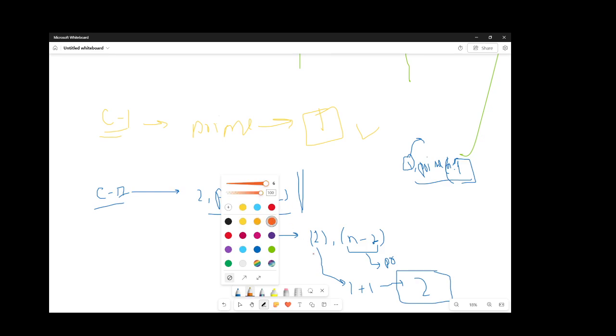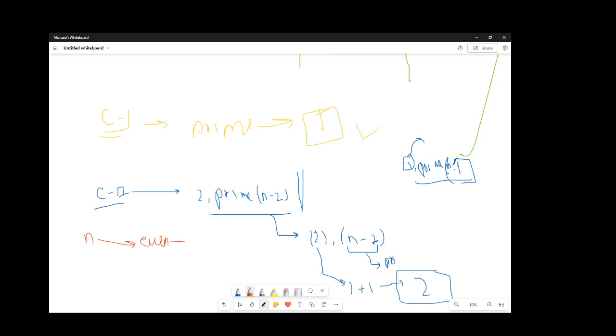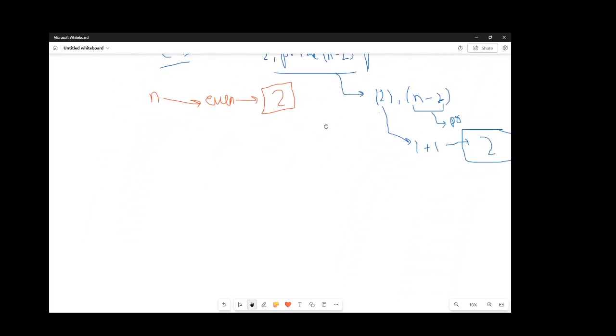If n is even, for an even number the answer would also be 2, because we need to pay 2 as the taxes. Why? Let's analyze this too.